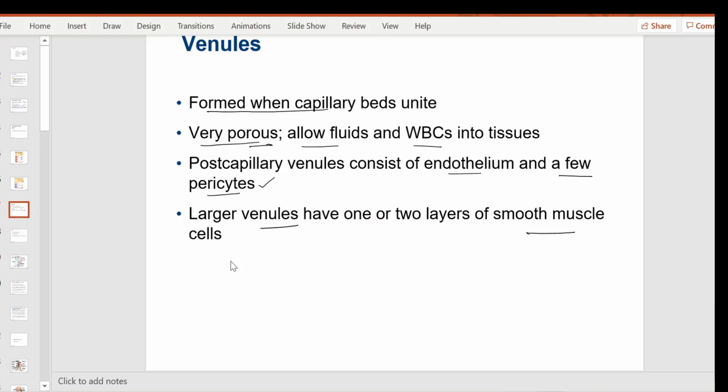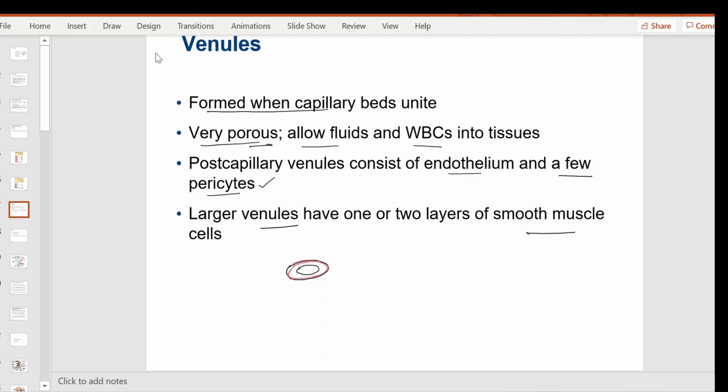Just before we move to the next slide, in the wall of the artery or vein, there are three layers: tunica externa, tunica media, and tunica intima. So tunica externa is the outermost covering or outermost layer of the wall of the artery or vein.